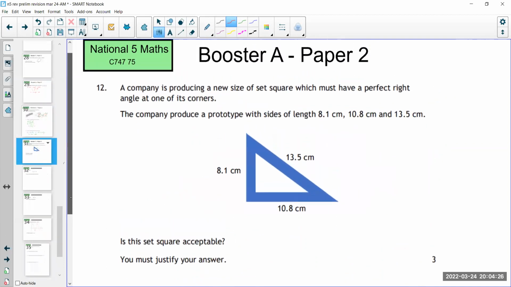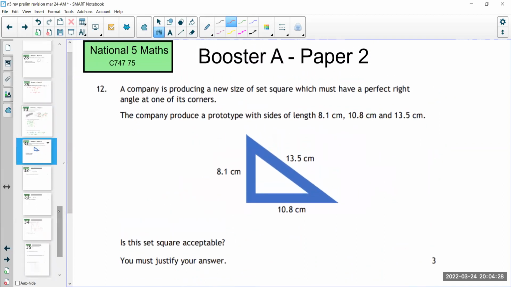So, converse of Pythagoras. Is this set square acceptable? The company said it would make perfect right angles.